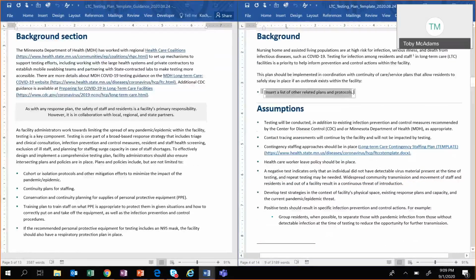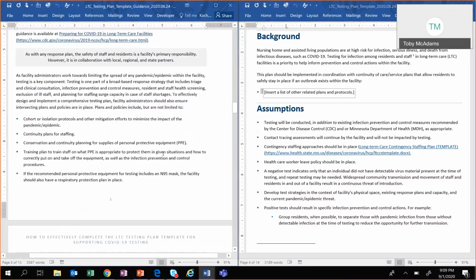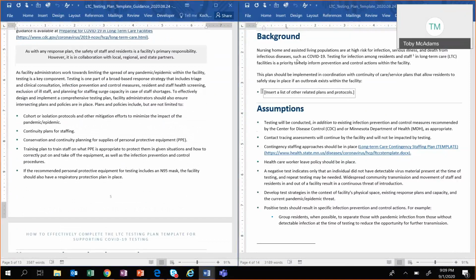You can see that there's brackets and it's also highlighted. Here it says enter a list of other related plans and protocols. That's what I was talking about earlier in the presentation: in this background section, you're going to want to be thinking about, in your own EOPs, what are the plans, and think about the name of your plans that are going to inform or intersect with this testing plan. We already talked about isolation and staffing. What about your communications plan?